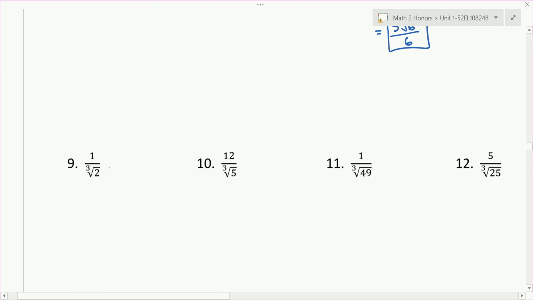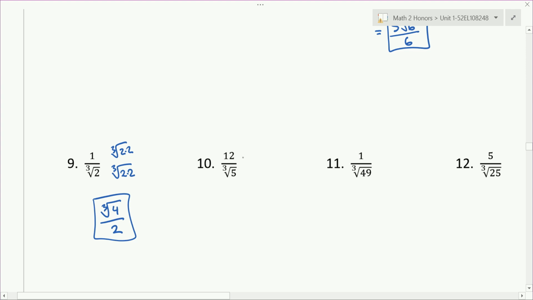Number 9, I'm going to multiply by cube root of 2 times 2. So we end up with the cube root of 4 over 2. Remember, you can't divide the cube root of 4 by 2 because they're not like terms.